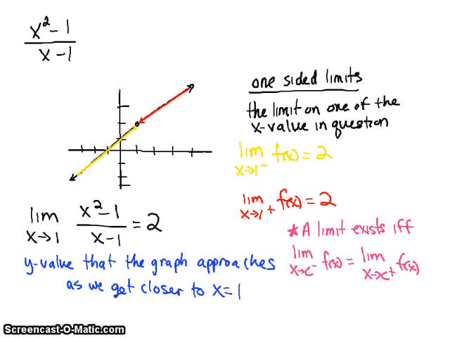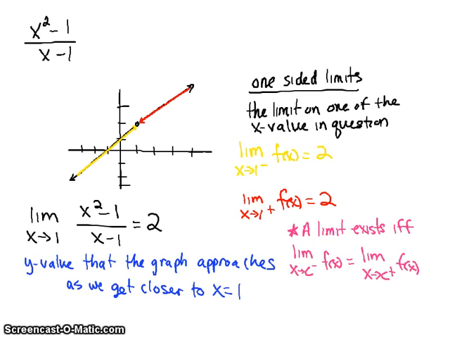So if the two one-sided limits are the same, then your limit itself exists. So on ours, the limit of 1 from the left and from the right are both 2. So our limit is going to be the same on each side, so our limit is going to exist.